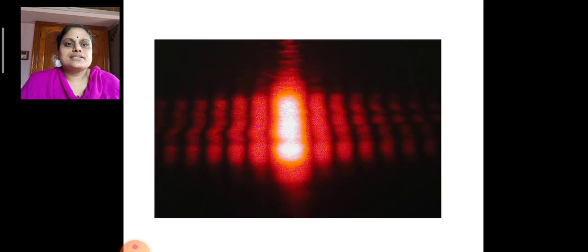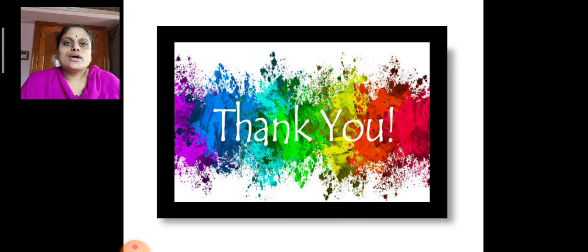The diffraction pattern will be almost similar to this. Hope you have got an idea about diffraction, the conditions for maxima and minima in diffraction pattern, and the graphical representation and the intensity diagram for diffraction.